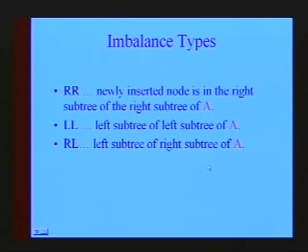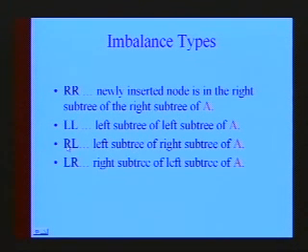You can have an RL. The first letter tells you whether you're going to the left or right subtree of A. So you went into the right subtree of A, and after that, you went into the left subtree. And then the fourth type is the LR. All right, so LL and RR are symmetric.